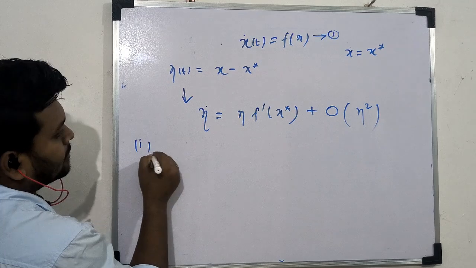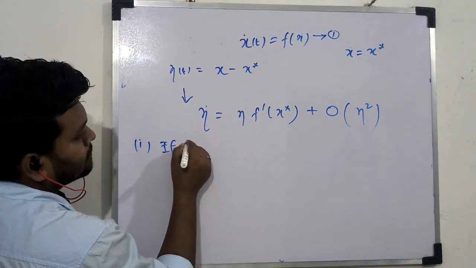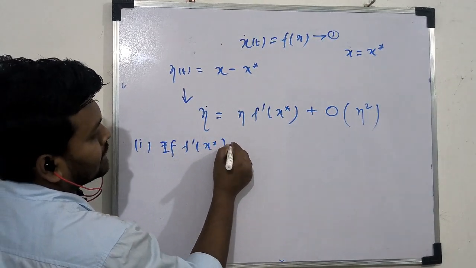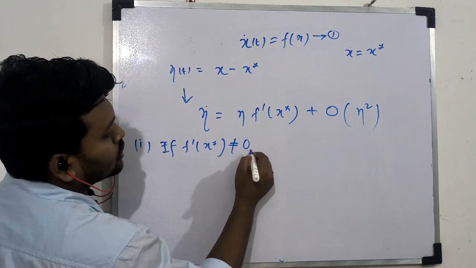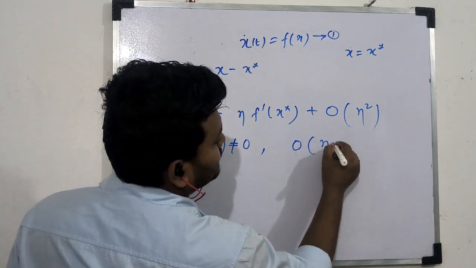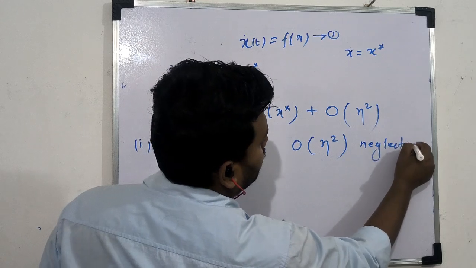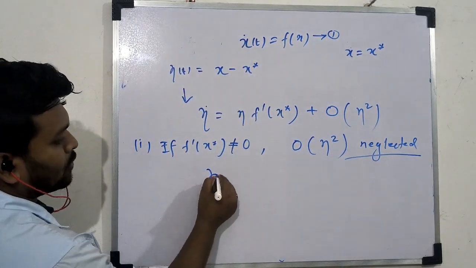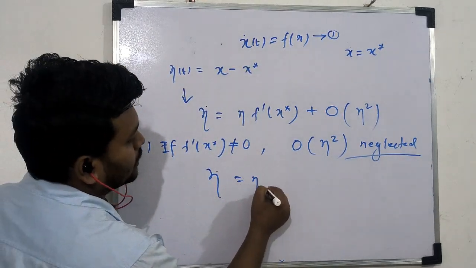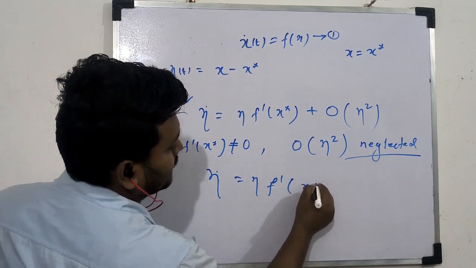So case 1, if f dash x star is not equal to 0, then we can neglect this, and therefore we get eta dot equal to eta into f dash x star.